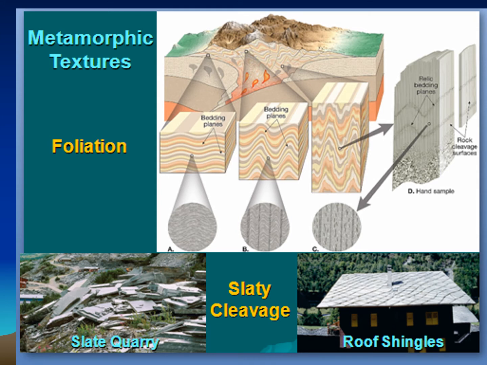So slate, there's a lot of neat uses for slate. I think we've already discussed some. A chalkboard in a classroom is made of slate. A pool table is made of slate, but in some places they might use slate for roofing shingles. I find that to be interesting, but also scary.